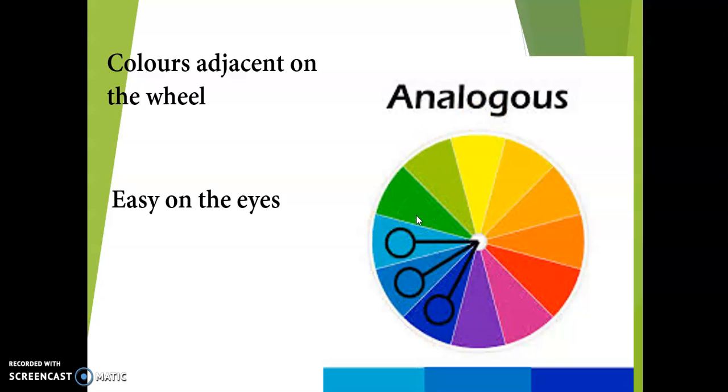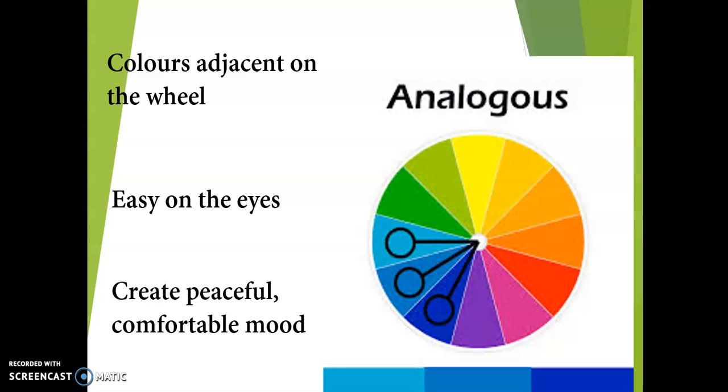It's easy on the eyes and it creates a very peaceful and comfortable mood. So if you want to paint a very peaceful painting, you can choose any three colors that are side by side on the wheel. And they are known as analogous or harmony colors.